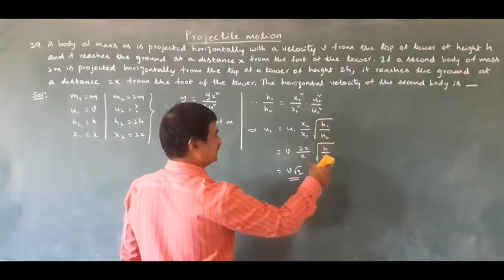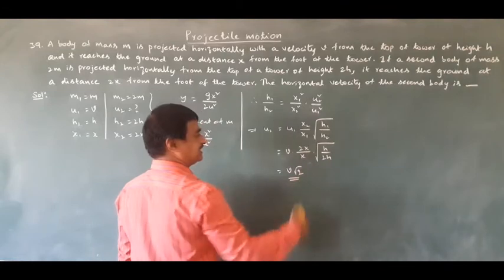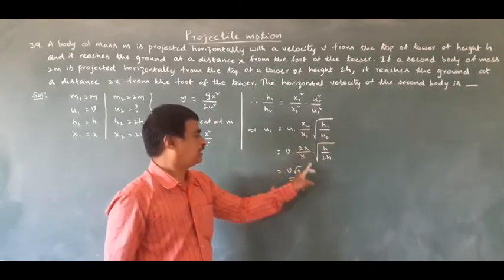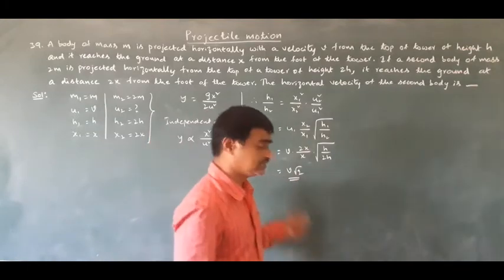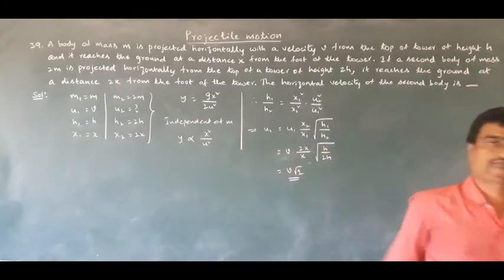Then x cancels, h cancels, and we get 2 by root 2, or root 2, that is v root 2. Okay, the velocity is v root 2.